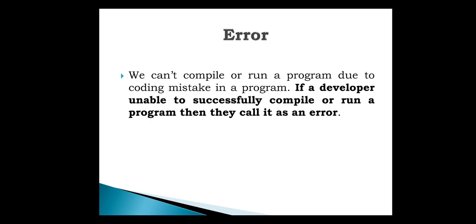At that time we say that the piece of code or line of code has an error. We can't compile or run a program due to a coding mistake in the program, so it's called an error. If a developer is unable to successfully compile or run a program, they call it an error.